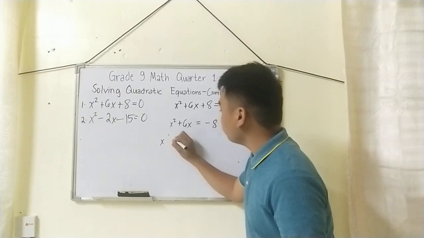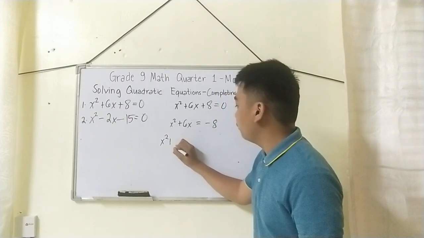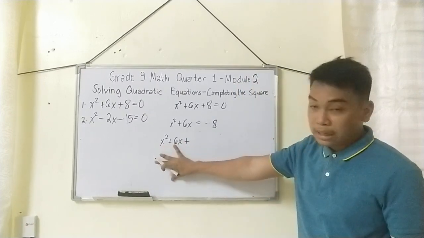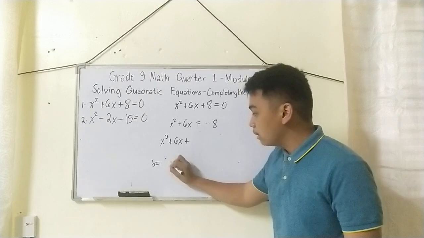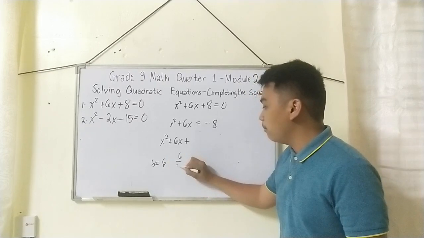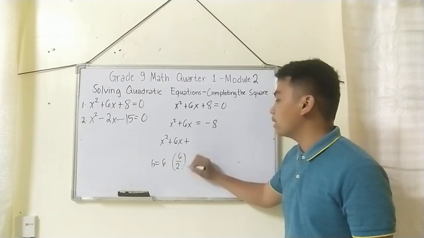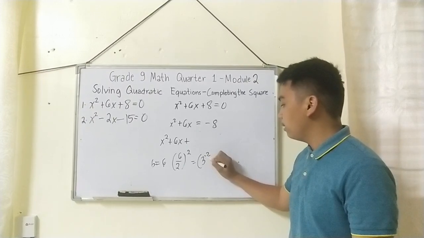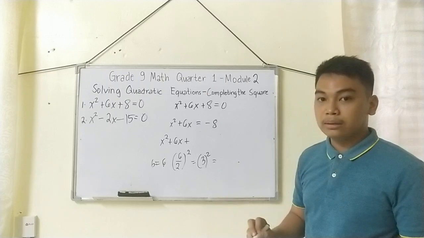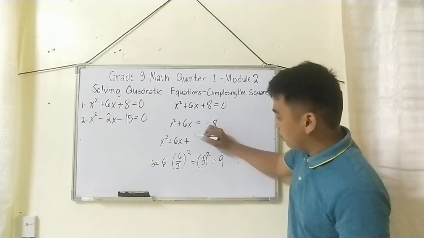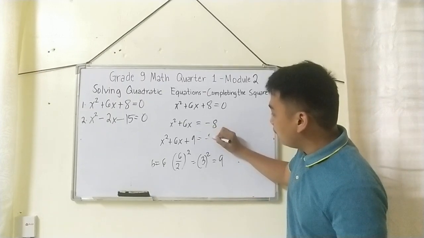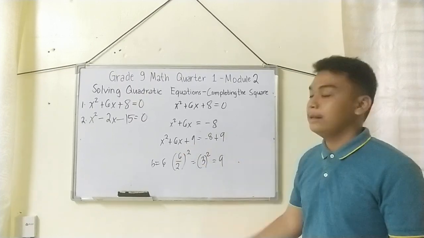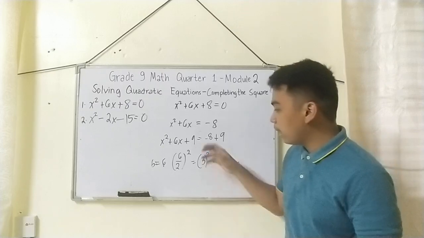We have x squared plus 6x plus, okay, let's look at b. Our b is 6. So we need to divide 6 by 2, then square the result. So we have 3 squared, and 3 squared is equal to 9. So we add 9 here. On the other side, we also need to add 9 to keep it fair. Ayan. So we have added 9.